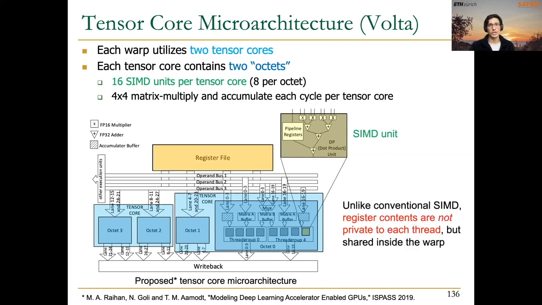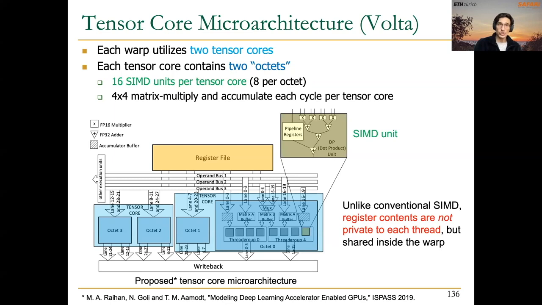I would say the most particular thing about these tensor cores is that instead of having a partitioned register file where each lane accesses only its own registers, here the registers are no longer private to each thread, and they can be shared among all the threads of the warp. And that's necessary to use these SIMD units efficiently to perform the matrix multiplication.